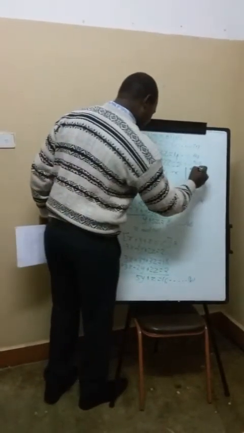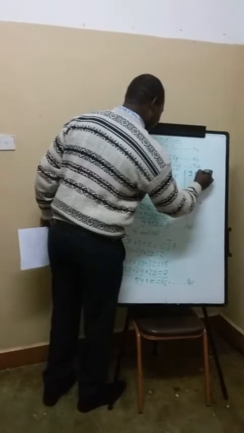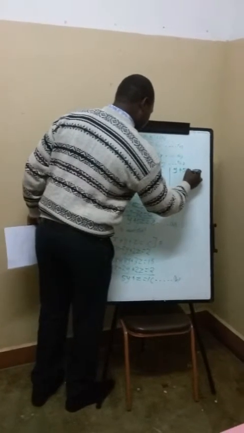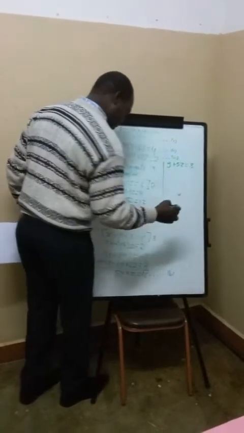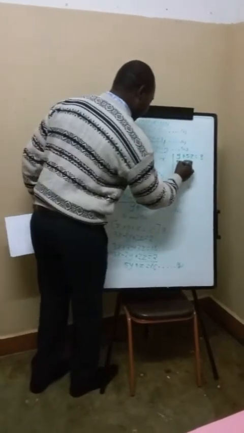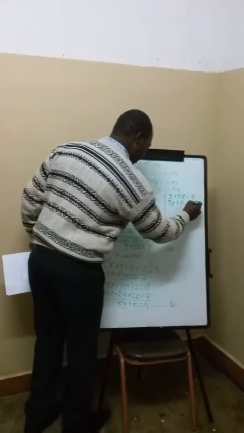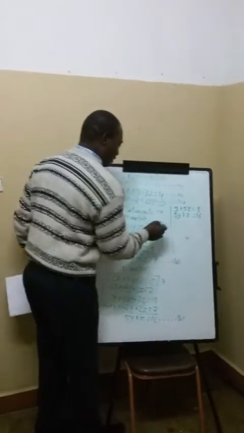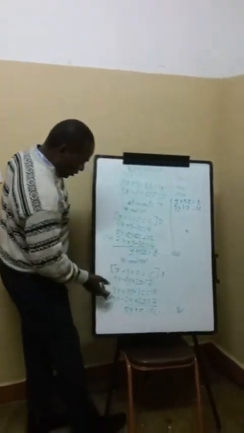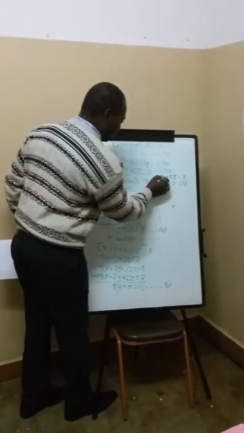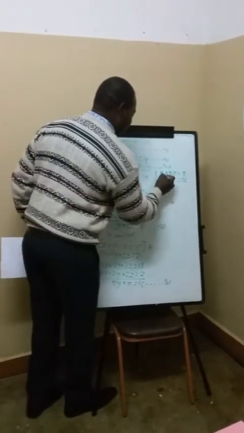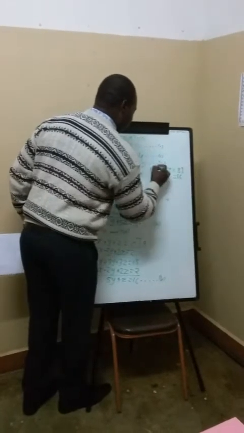So we have y plus 5z equal to 8, and we have 5y plus z is equal to 16. The same way we were solving before, we shall make sure that this y becomes 5y, so that we eliminate y.